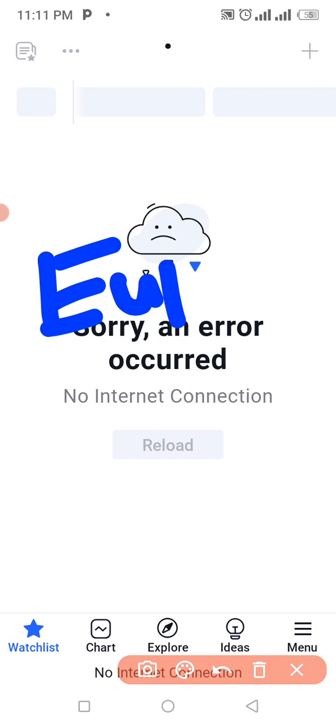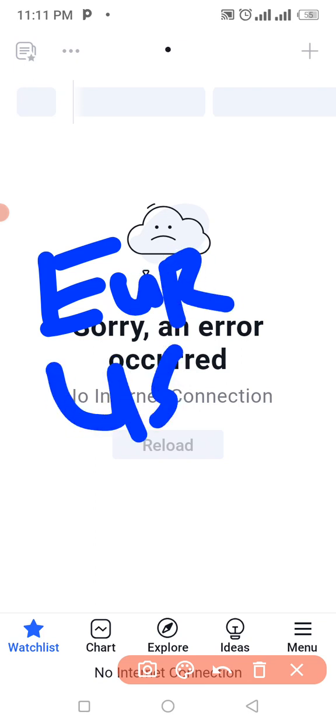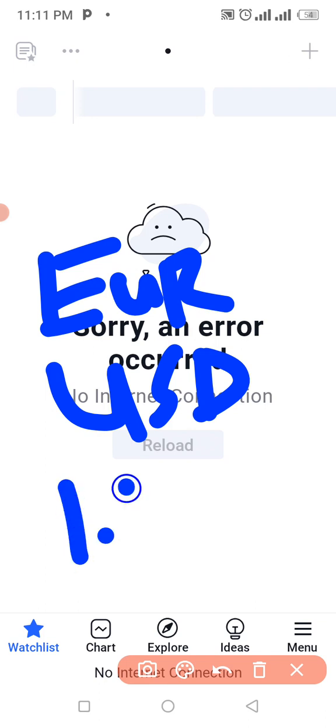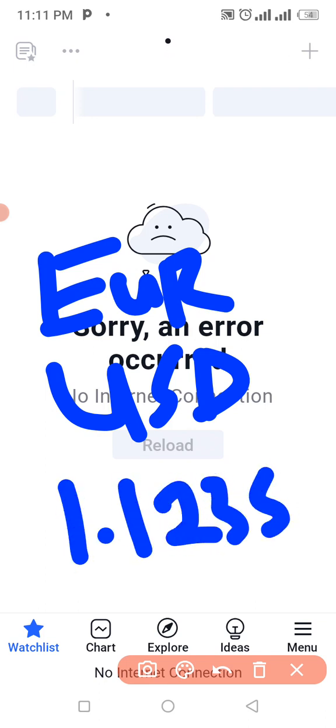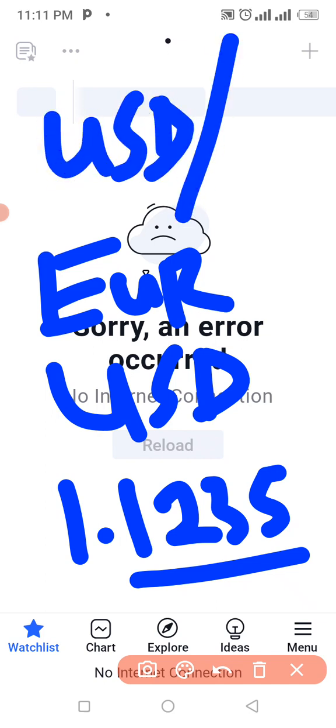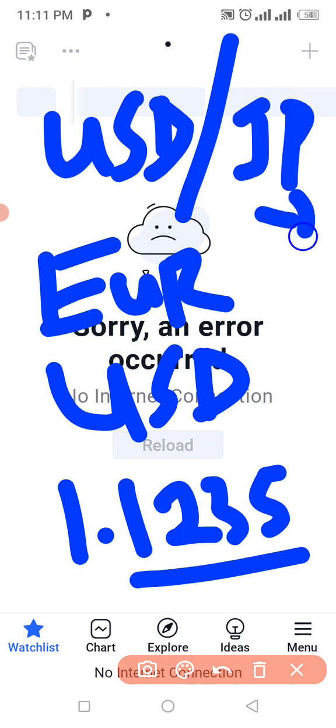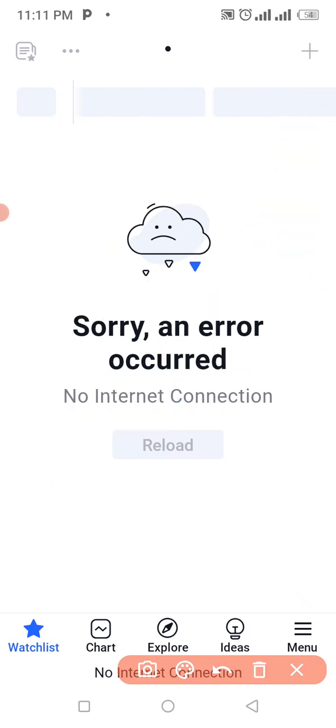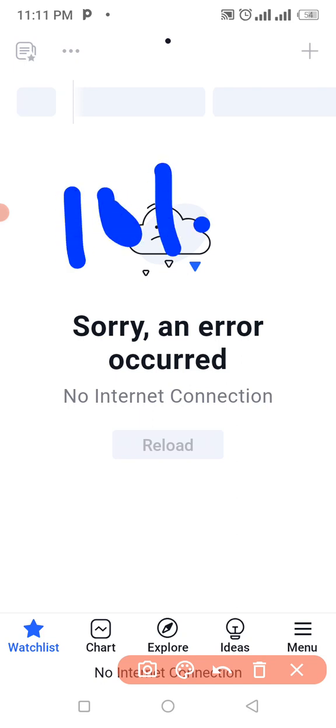Okay, we have the Euro pair by USD. Most of these major pairs are of 4 decimal places. For instance, you have 1.1235. This is an example of 4 decimal places, and some of them are in 2 decimal places, like gold and the Japanese yen pairs, like USD JPY.